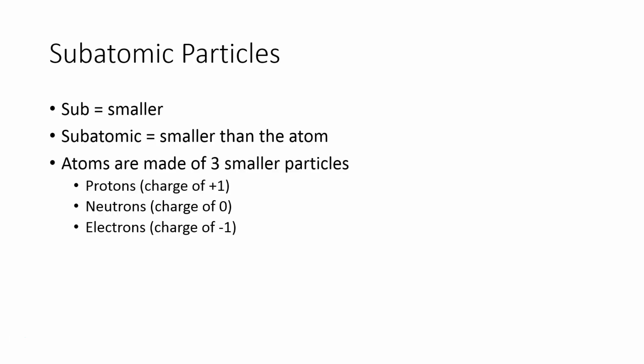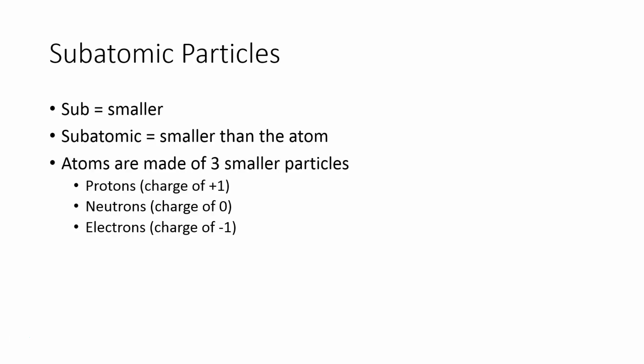Now, as I said a second ago, there are 3 types of smaller particles, subatomic particles, that work together to make up an atom. The first one is the protons. They have a charge of +1. The second is the neutrons, which are neutral. They have a charge of 0.